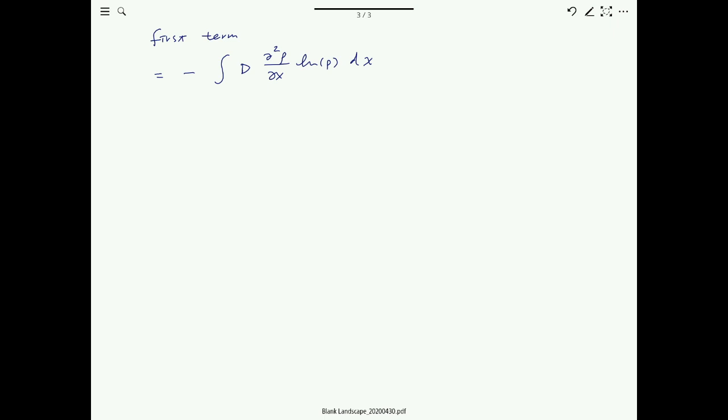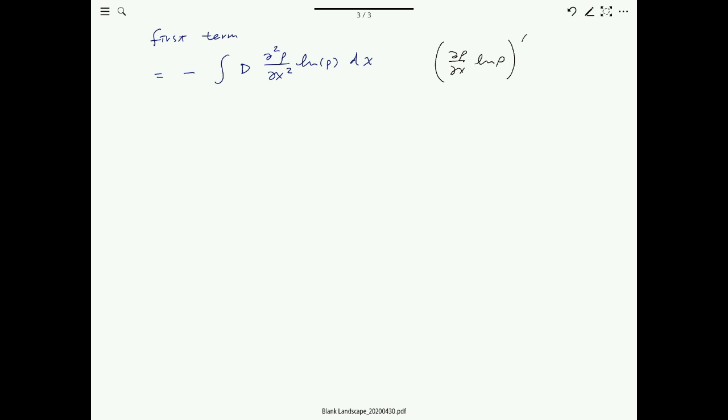And I don't quite like this log rho, because I don't know how to deal with it. One typical way to deal with this is to perform integration by parts. So we can think about a function, partial rho partial x times log rho.